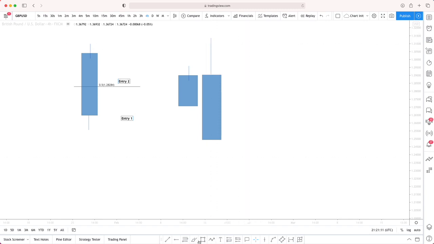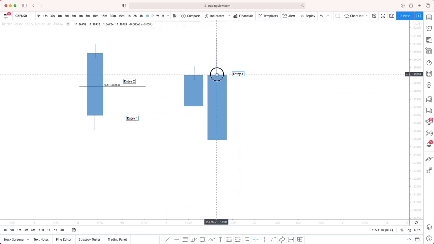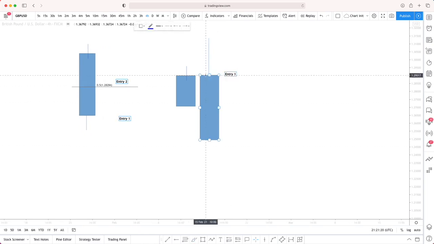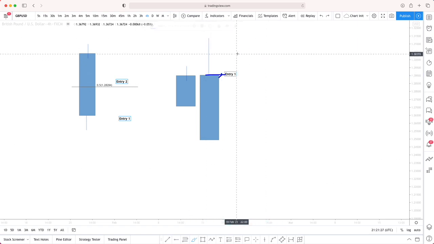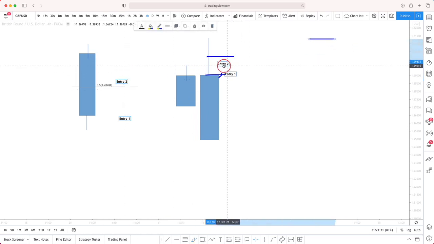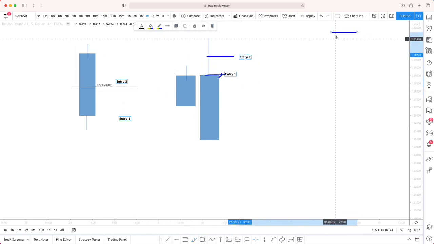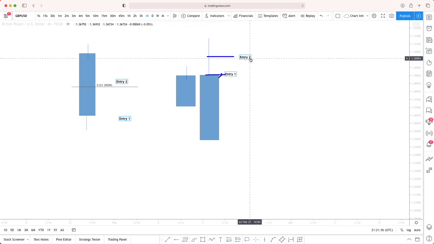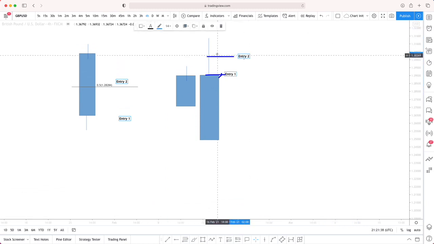Instead, you can have entry 1 at the base of the wick, which is here. Or you can have your entry at the 50% of the wick, say roughly there. So this is where you can place your orders, either at the base or here.